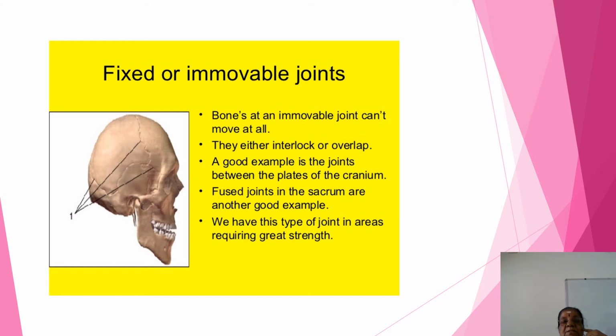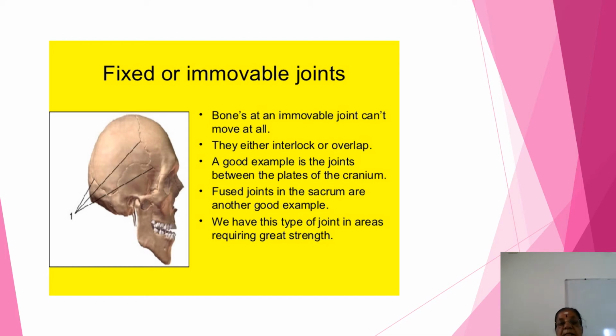Now this is fixed or immovable joint. Actually, this is the first one. What is given? Bones at an immovable joint cannot move at all.